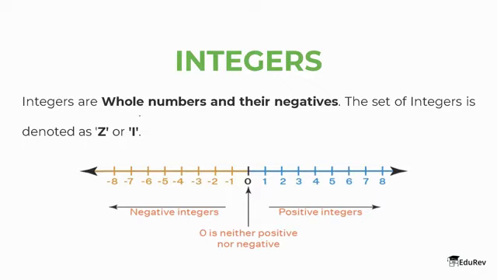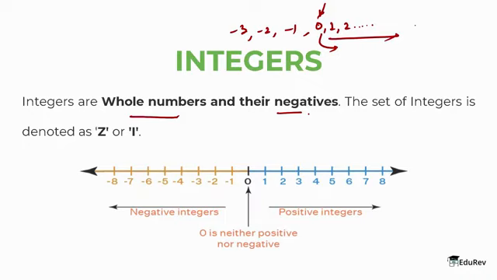Now let's study what integers are. Integers are whole numbers and their negatives. This is also something I explained in the previous slide: when I talk about whole numbers, I write all these numbers, and integers will be the negatives of these numbers as well. Now keep in mind that 0 is neither positive nor negative, so we do not associate any sign with 0. We only associate signs with other numbers, that is 1, 2, 3, 4.